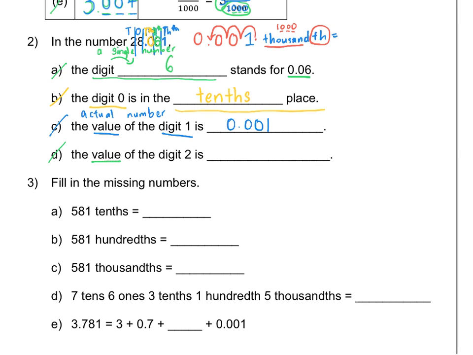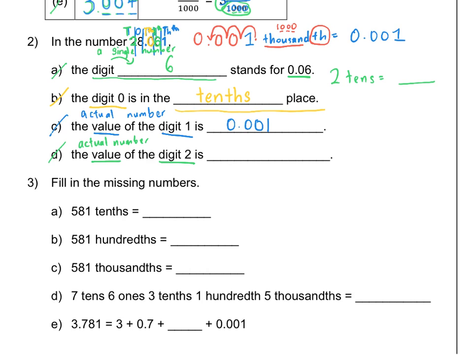Let's go on to look at part D. Same thing, the value. Value stands for the actual number. The value of the digit 2 is what? So let's search for the digit 2. It's in the tens place. How do you write 2 tenths as a number? Previously this was 0.001.